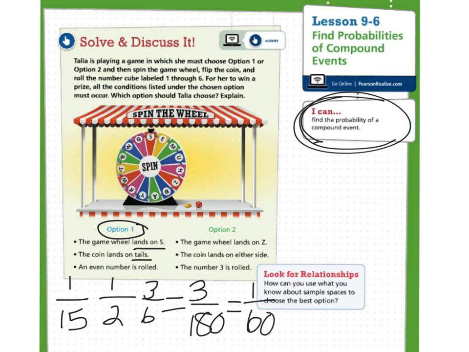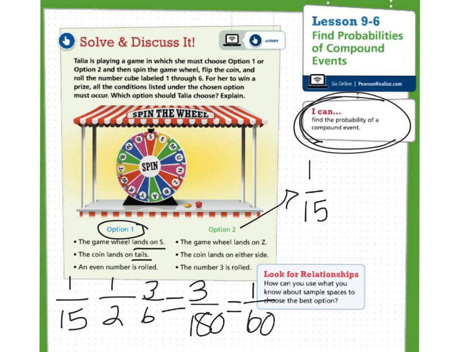Now let's take a look over here at option 2. This time in option 2, we want the game wheel to land on Z. So again, I still have 15 sections, and I need to look at how many of them have Z as their label, and I only see 1 again.